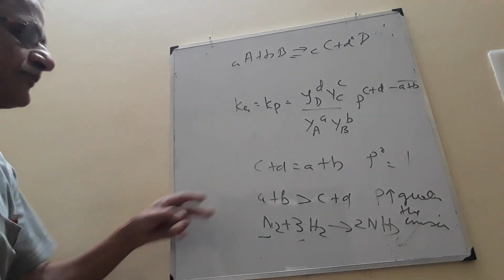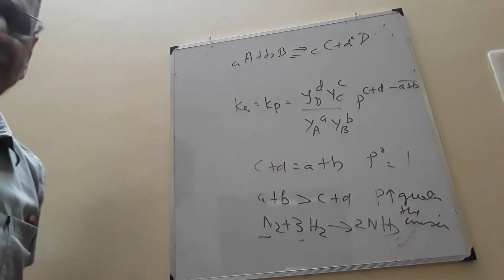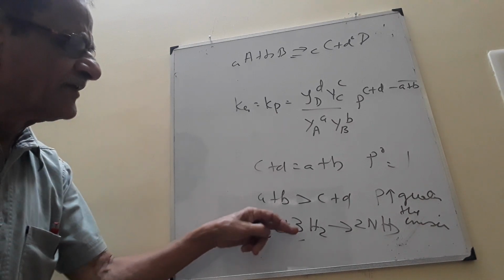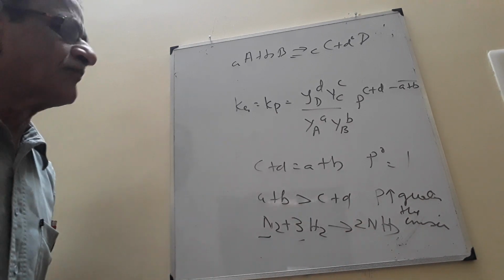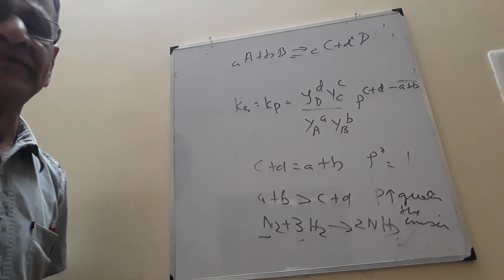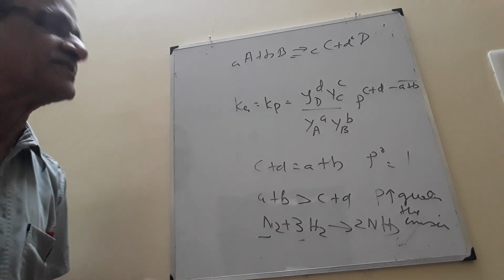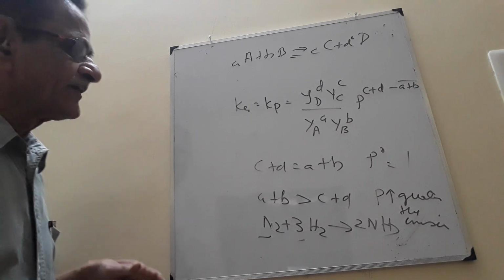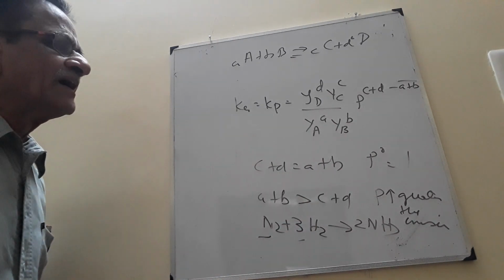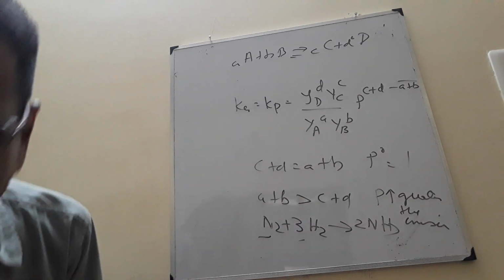So, for the decrease in number of moles, this is based on Le Chatelier's principle. As the number of moles decreases, higher pressure favors it. That's why you get ammonia. This is a high pressure reaction. Otherwise, if a plus b is less than c plus d, then the lower the pressure, the higher the conversion.